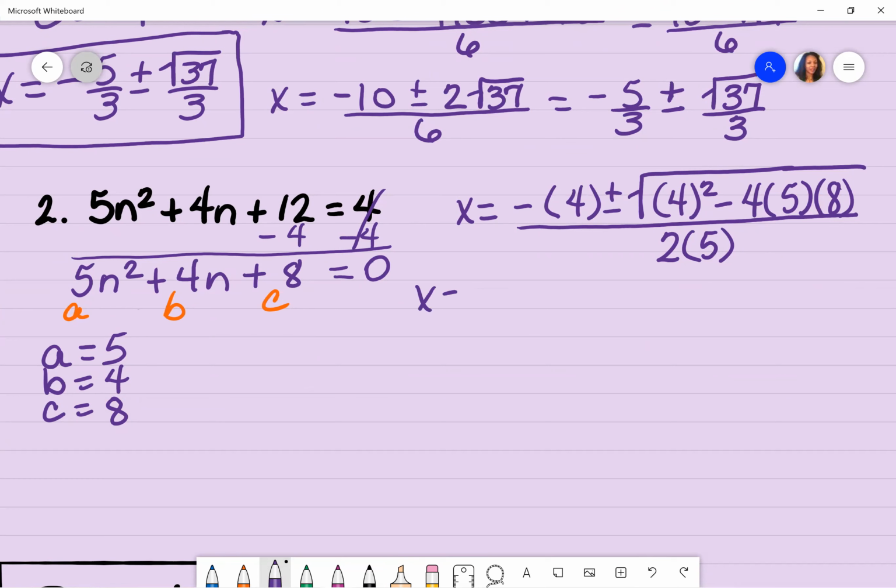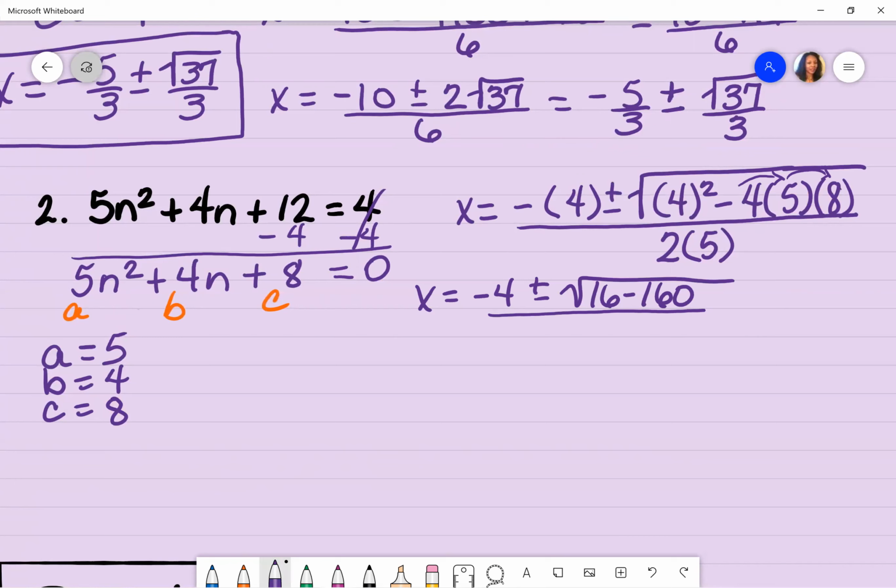All right, so x is equal to -4 plus or minus the square root of 4 squared is 16. Pay attention to your signs. -4 times 5 is -20, and -20 times 8 is not positive. I just said pay attention to signs. -20 times 8 is -160.